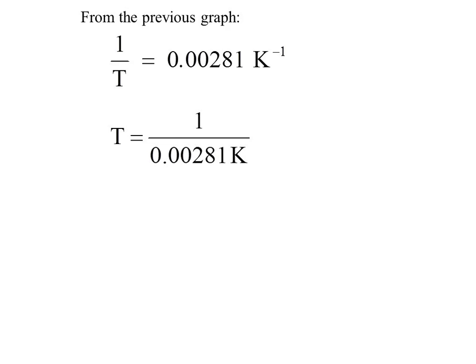Again, just 3 sig figs for this. Put it in your calculator and you get 356 Kelvin. So that's the normal boiling point of nitric acid.